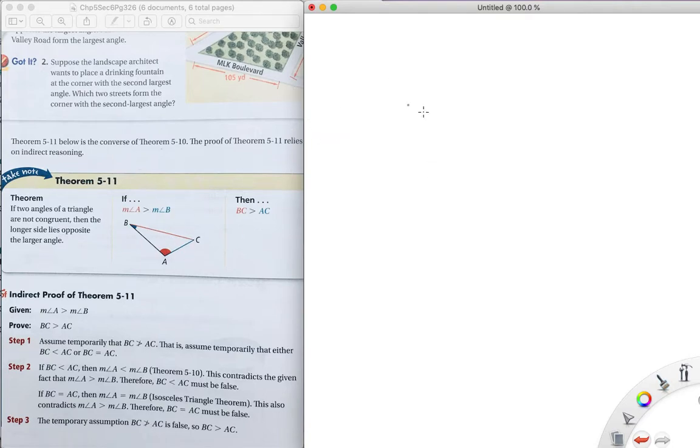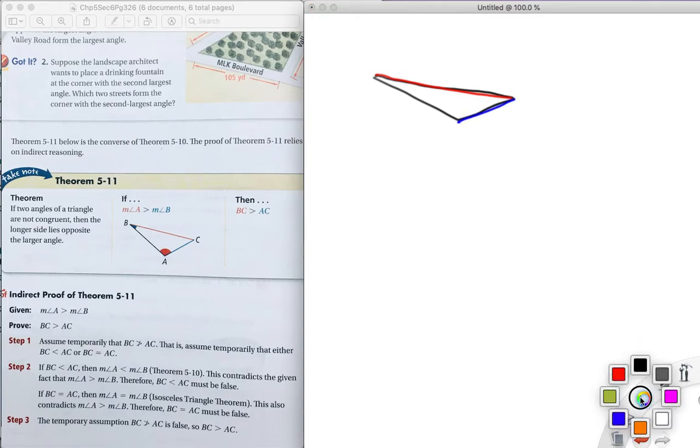Here is the reverse. So we have these triangles. Here's this side, and here is that side. Theorem 5.11 is basically the converse of theorem 5.10. ABC, and it does the angles instead. This angle and this angle.